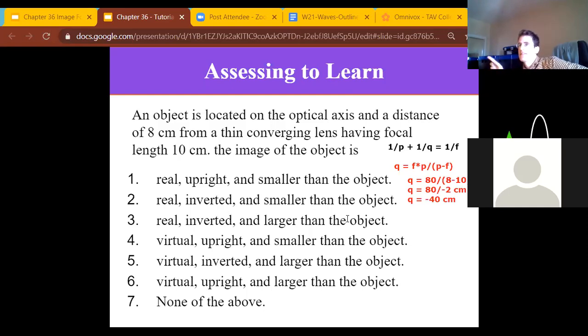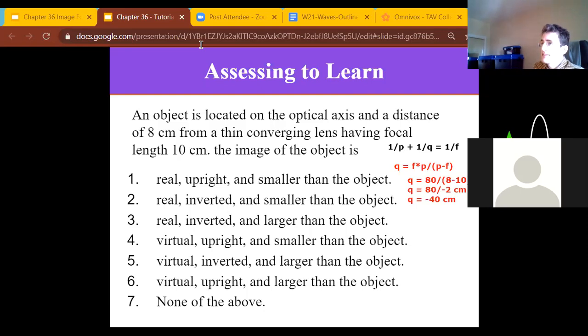So based on that result, is the image formed on the left side of the lens or on the right side of the lens? What do we think? Anyone? Right side.